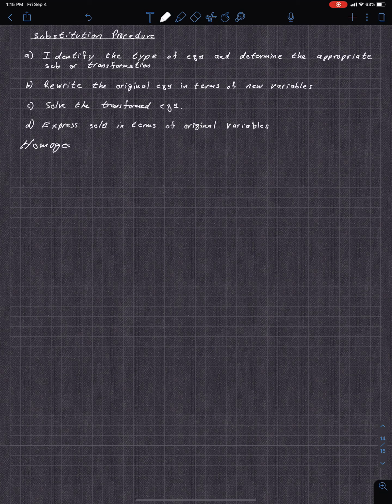Homogeneous equations. Let's look at the type that they're talking about. So this is definition 4. Suppose we have dy/dx equal to f of x, y.